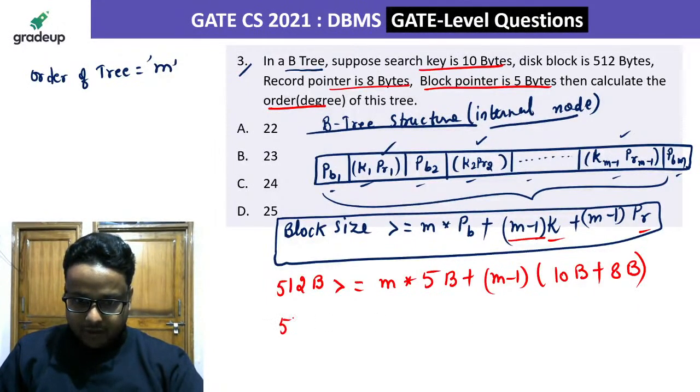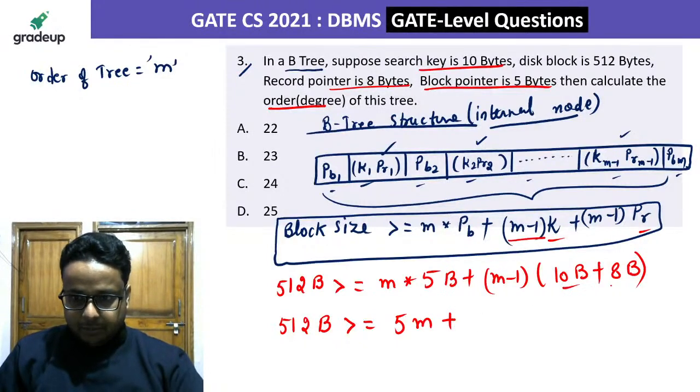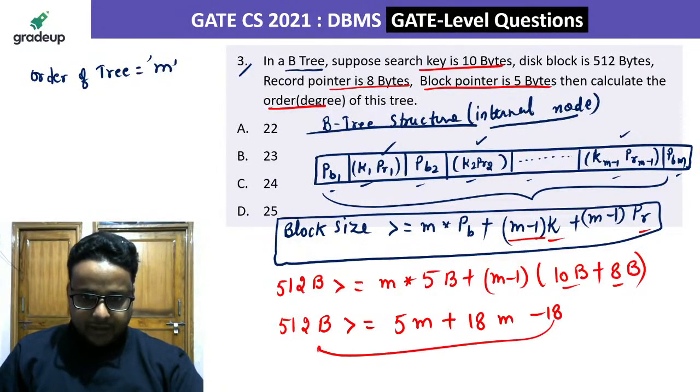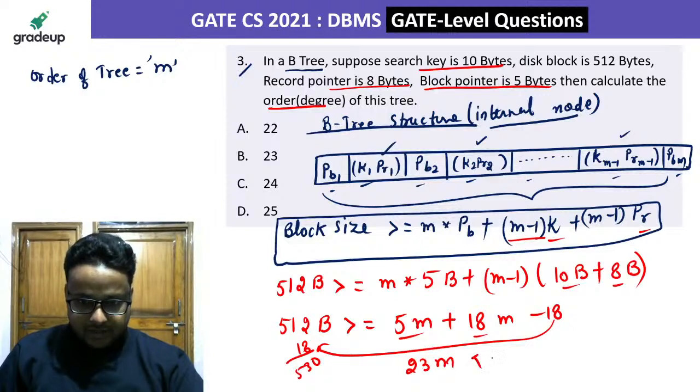So 512 bytes is greater than or equal to 5m plus 10 plus 8, that is 18m minus 18. This 18 you can take to the other side, so it will be plus 18, giving 530. So 18 plus 5, 23m is less than or equal to 530.